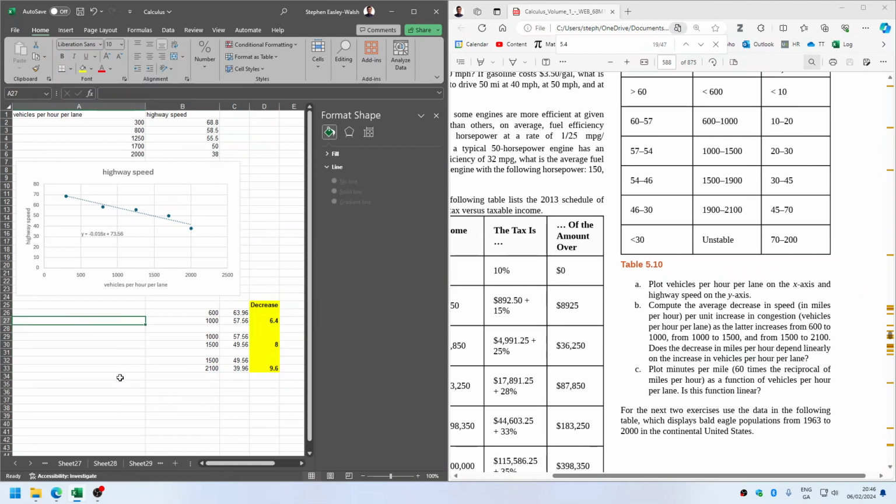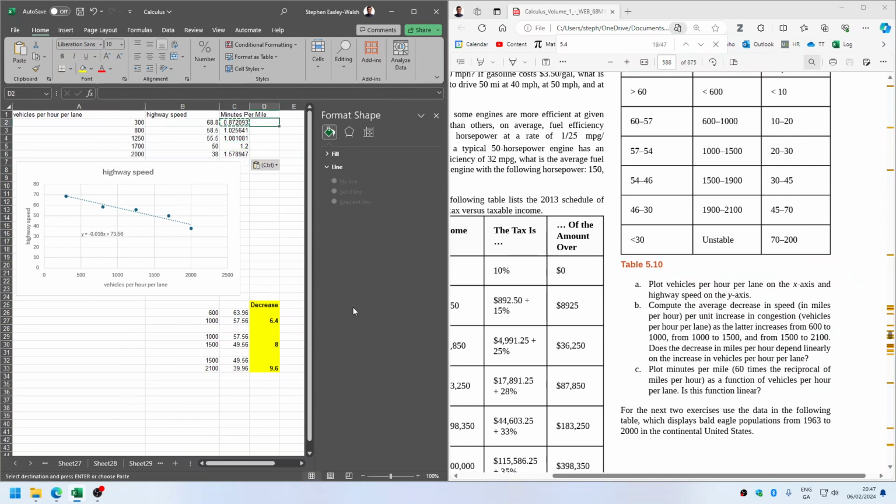Plot minutes per mile, 60 times the reciprocal of miles per hour, as a function of the vehicles per hour per lane. So this is minutes per mile, which is 60 times the reciprocal of the miles per hour, which would be the highway speed.